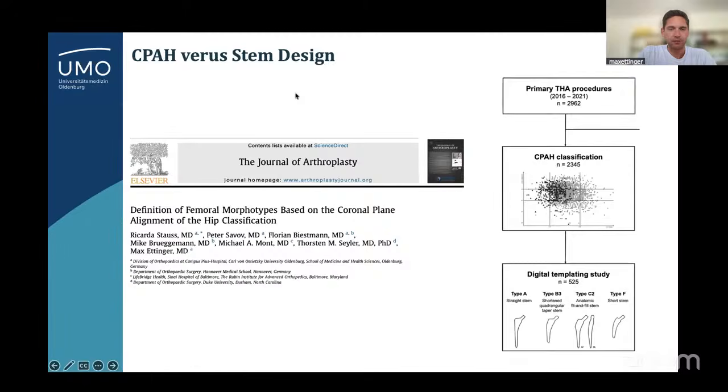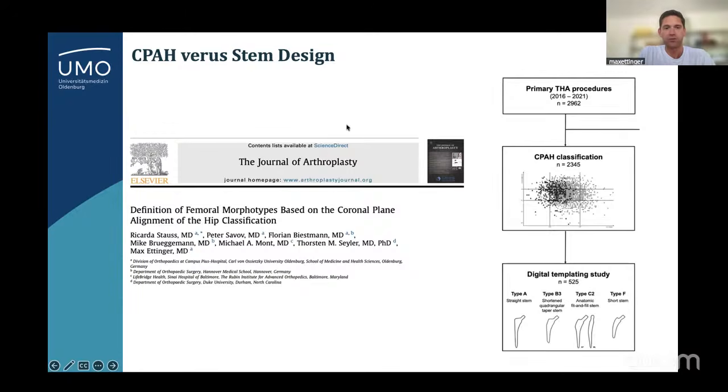The second step of that study is that we classified the coronal plane alignment of the hip classification, and then we were templating different stem types over that classification: straight stems, triple tapered ones, conical stems, and short stems.